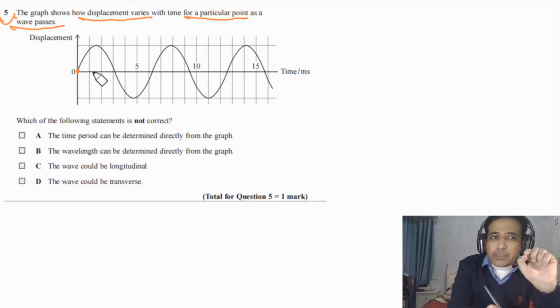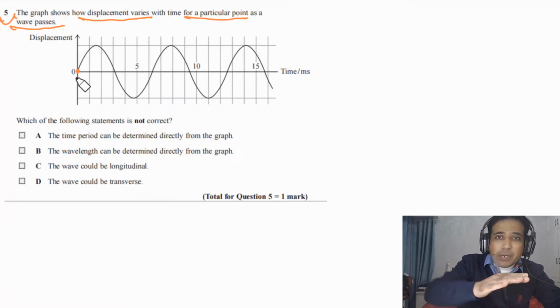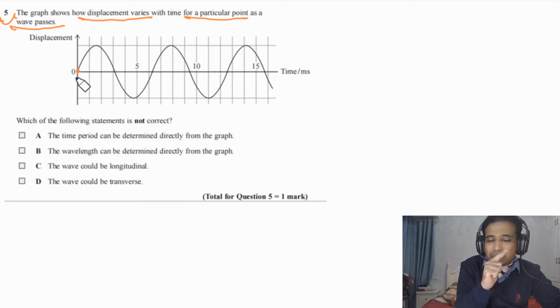At this point, how will I see the motion of the particle? The particle will go up, the particle will go down. In this case, it doesn't mean it will go up or go down. It means that displacement will increase. Displacement can increase along the vertical, and displacement can also increase along the horizontal.